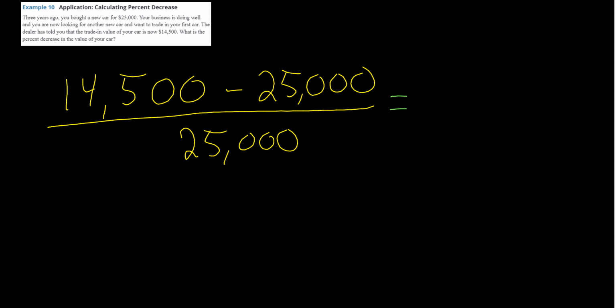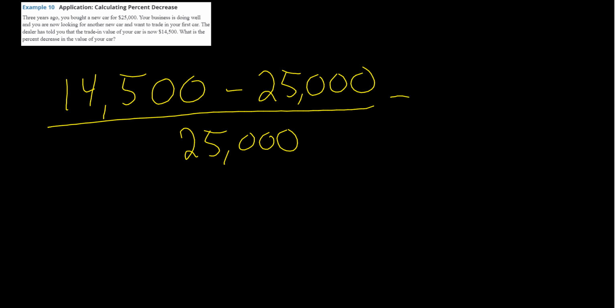14,500 minus 25,000 is negative 10,500, and negative 10,500 divided by 25,000 is negative 42%. Let's put this in yellow.